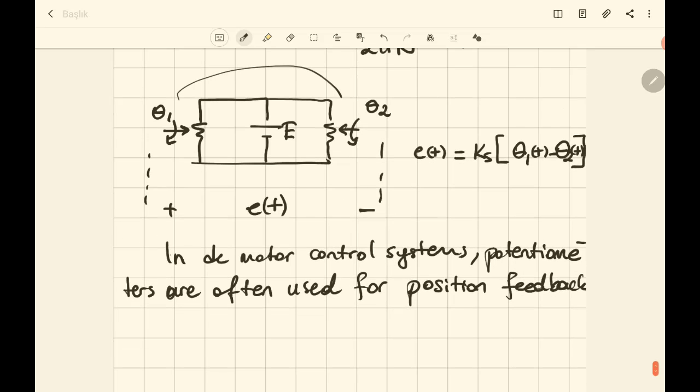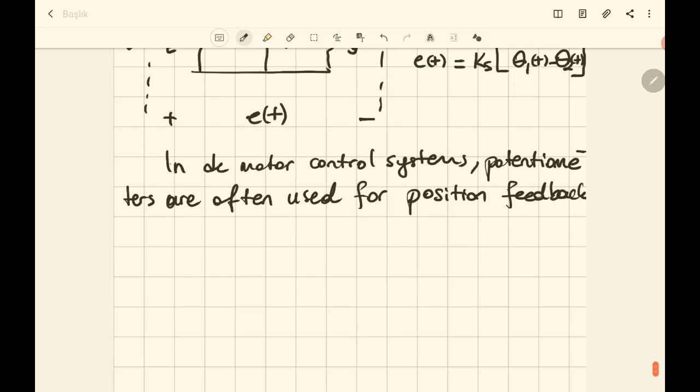How? In here, we can connect this input to the desired value. For this potentiometer, we can connect it to the shaft of the DC motor, and then we get the position of the motor, so we can use it in position feedback control.